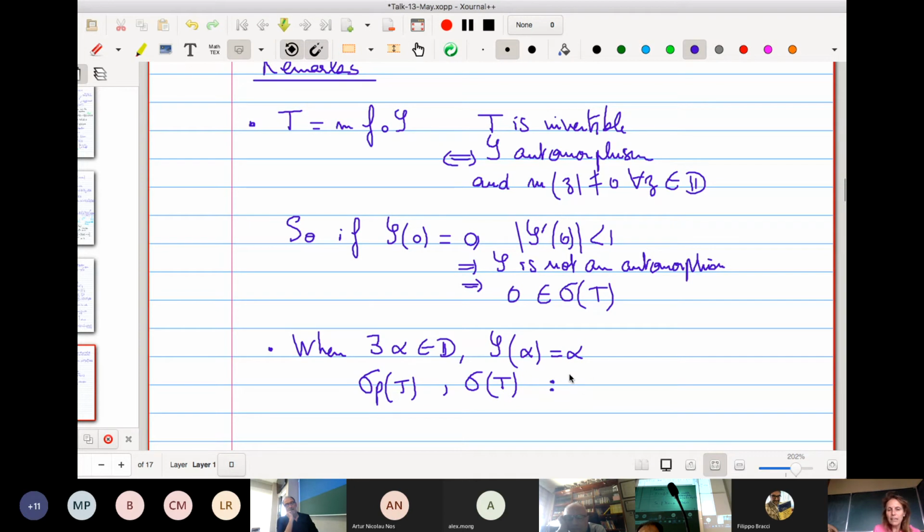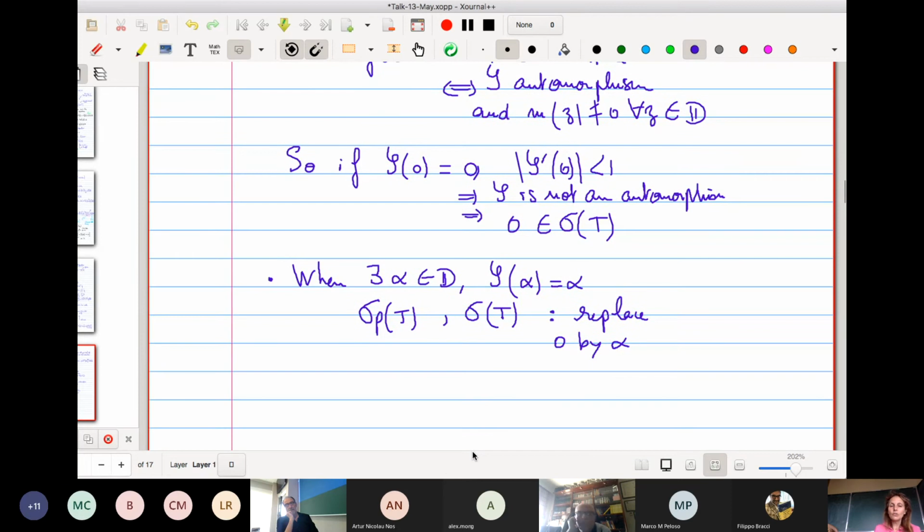To do that, you replace 0 by alpha. So that's why we may assume that it is 0. That's a usual trick in all this theory.